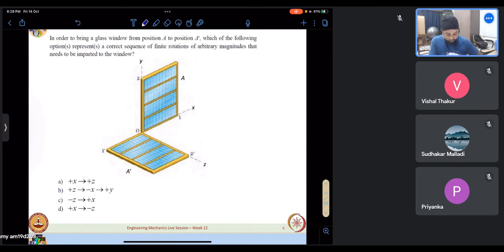Okay, so plus x. If I were to see here, plus x means that my axis of rotation should be into the plane. That is, when I rotate using the right hand rule, the sense of the rotation should be such that my thumb points in the positive x.